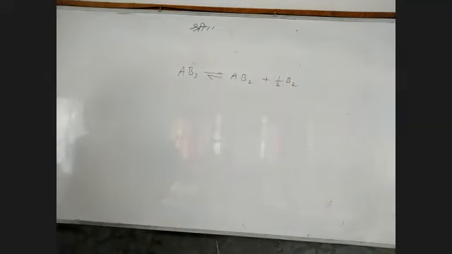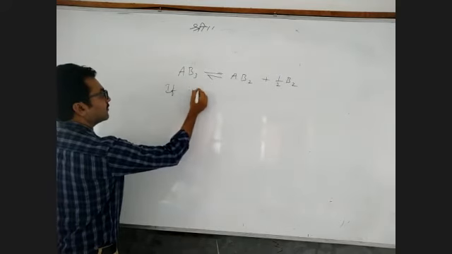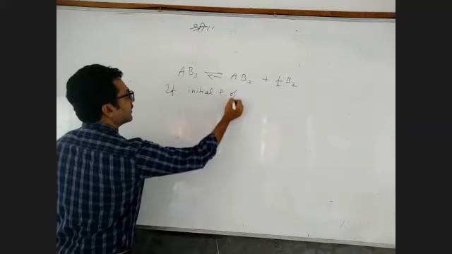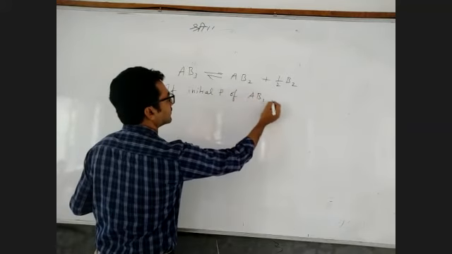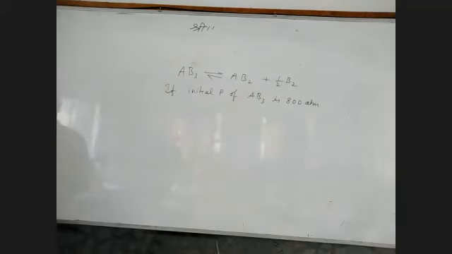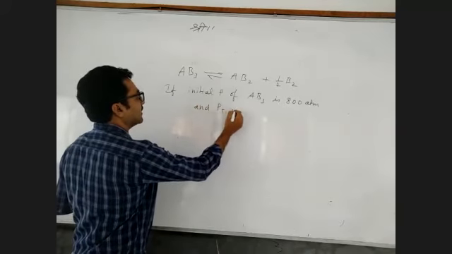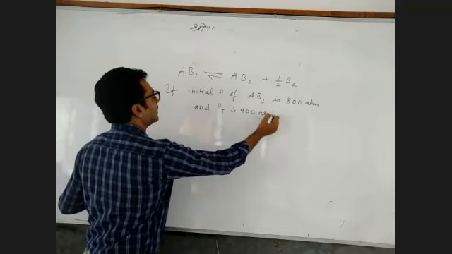Total is B3 only, check once. If the initial pressure of AB3 is 800 atmospheres, and the total pressure is 900 atmospheres. Okay, very easy question, right?